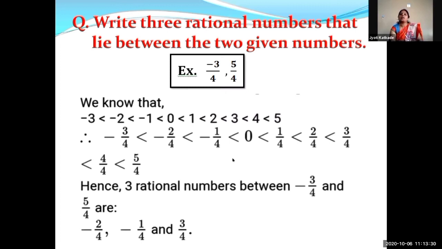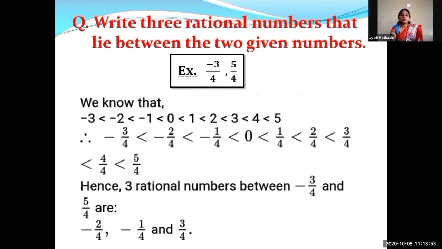Here the denominator is the same, 4 and 4. Now we have to first find the numbers in between -3 and 5. Which numbers are there in between -3 and 5? -2, -1. All of you know the number line.